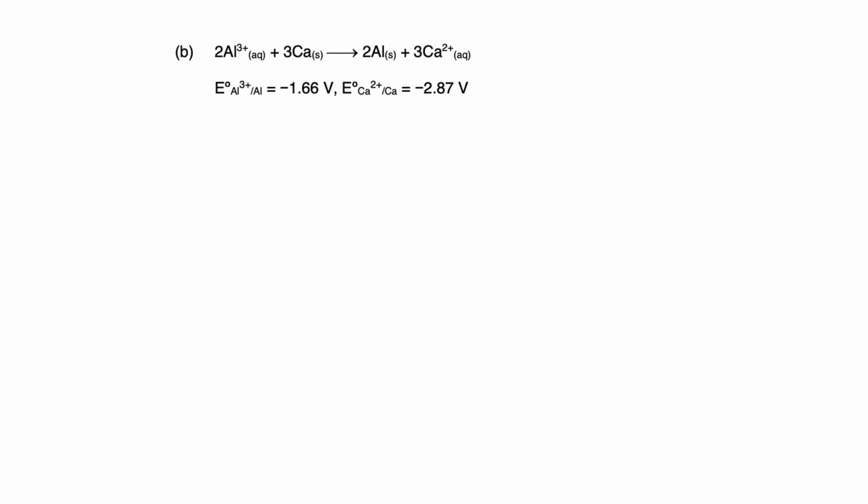Now, let's take a look at B. Let's do the same way. First thing, we identify what is our anode and what is our cathode. So let's take a look at aluminium. As you can see, from 3 plus it becomes 0.